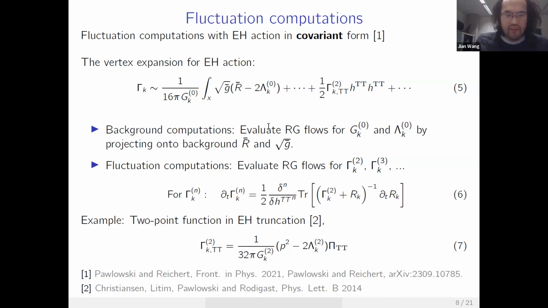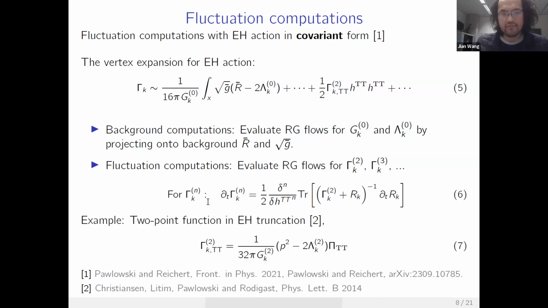For the fluctuation computations, in fact, in this approach we are evaluating the RG flows for the correlation functions of the fluctuations, like gamma 2, gamma 3, and the other higher order correlation functions.